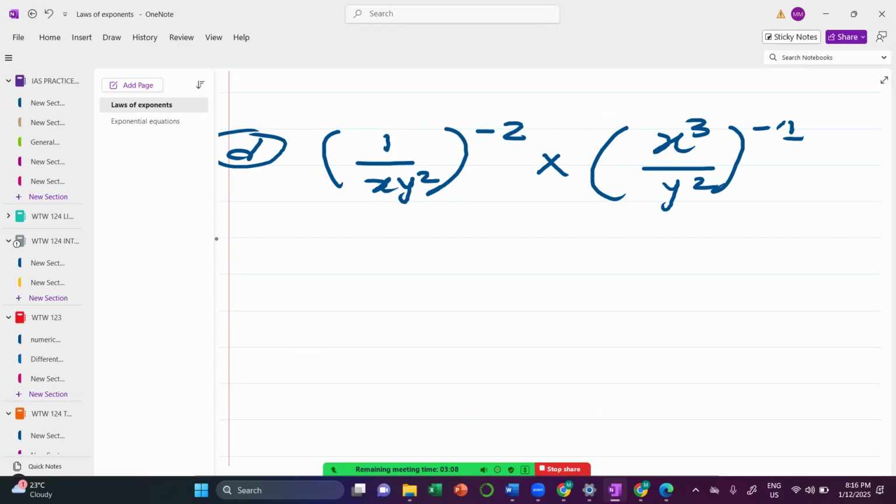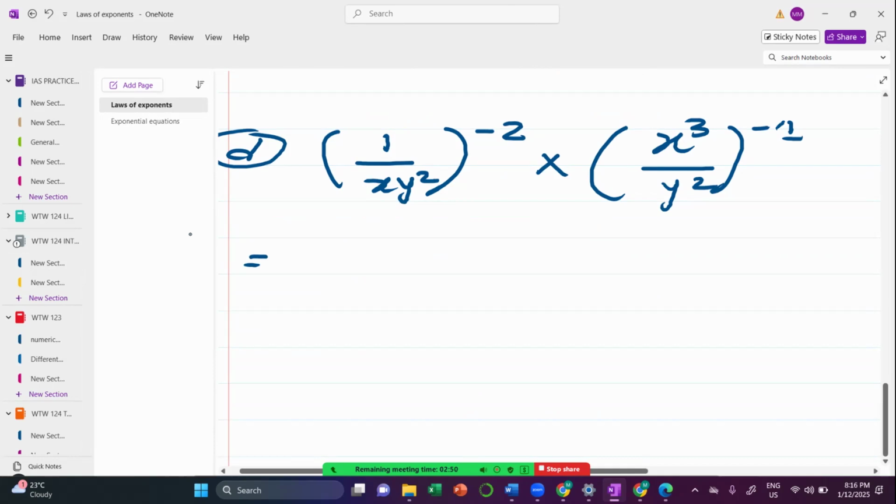Right? So guys, what is the first thing that we notice? We have negative exponents, right? So we can just swap the numerators and the denominators to make these exponents what? Positive. So let's do that step.